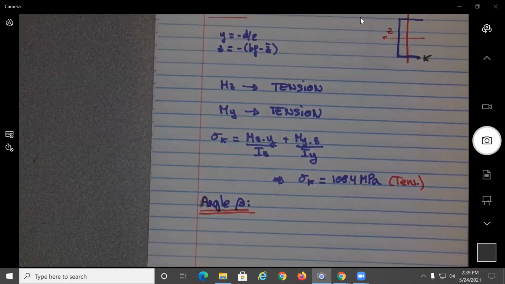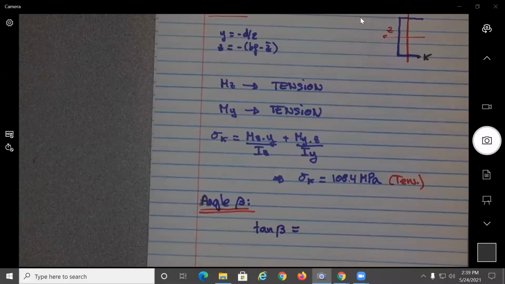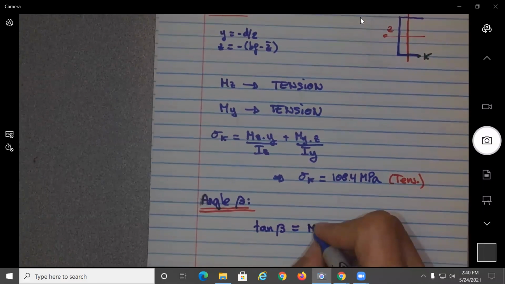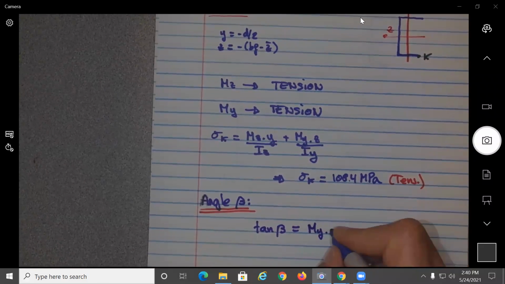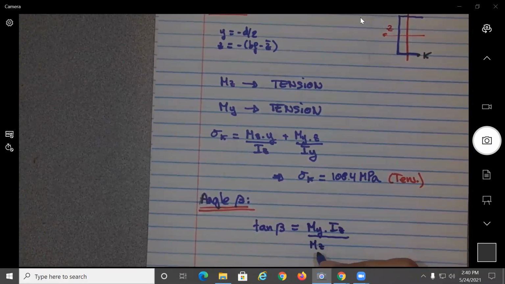If you remember, the equation was tangent beta equal to, for a symmetrical section, My Iz divided by Mz Iy.